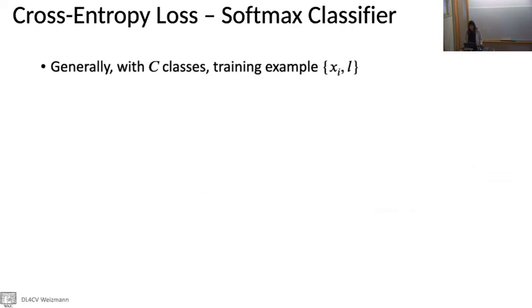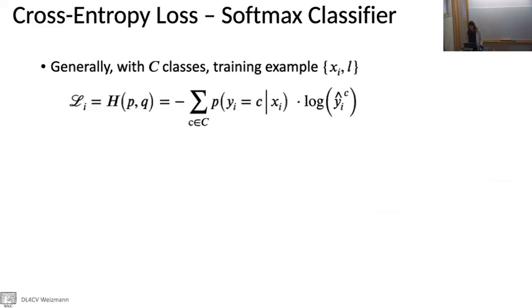Speaking in general, not only for these 3 options: we have a training example x_i, and L is the index of the class which this data point belongs to, and we are computing the loss.